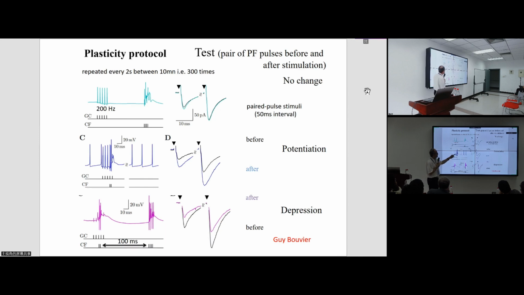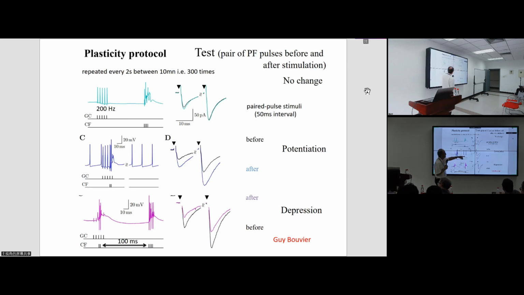If you pair the input from the parallel fiber with the climbing fiber, you potentiate. And on the contrary, if you pair this with 100 milliseconds, then before and after, you see a depression. Okay?